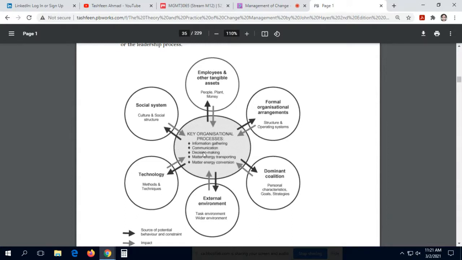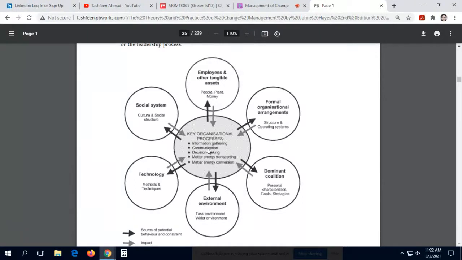So look into the middle circle, if I can call it that. Key organizational processes, information gathering. Why do you want to gather information? Because the more information you have and the more correct it is, you might not necessarily, but you would be in a position to make maybe better decisions because you have better information.